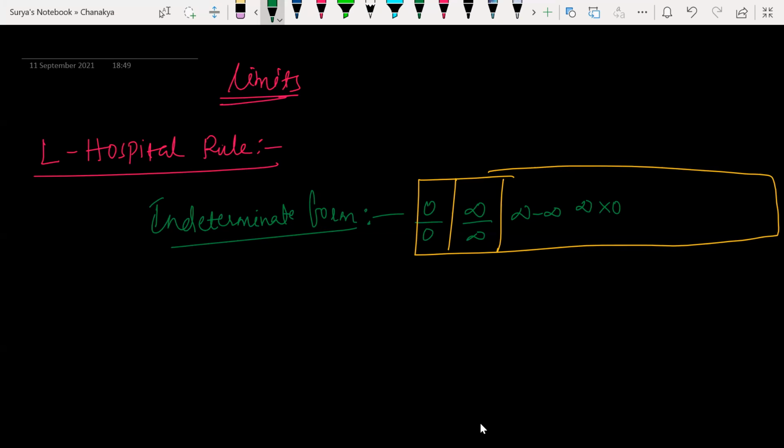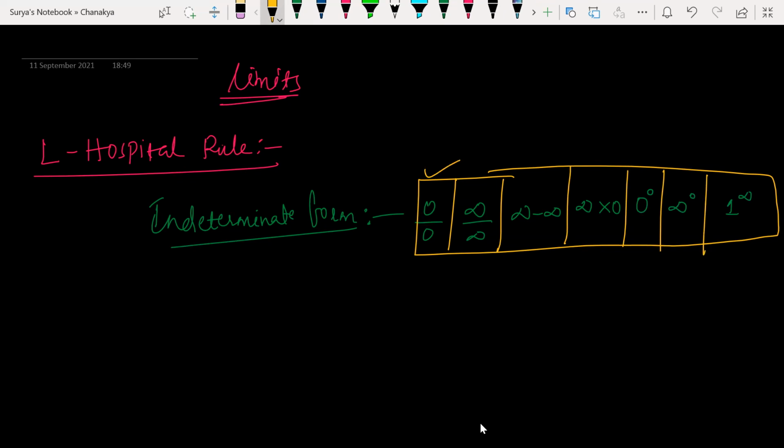Before learning L'Hopital rule, we need to understand indeterminate forms. What are the indeterminate forms? I told you 0 by 0, infinite by infinite, infinite minus infinite, infinite into 0, 0 to the power of 0, infinite to the power of 0, and 1 to the power of infinite. So all these forms are called indeterminate forms.